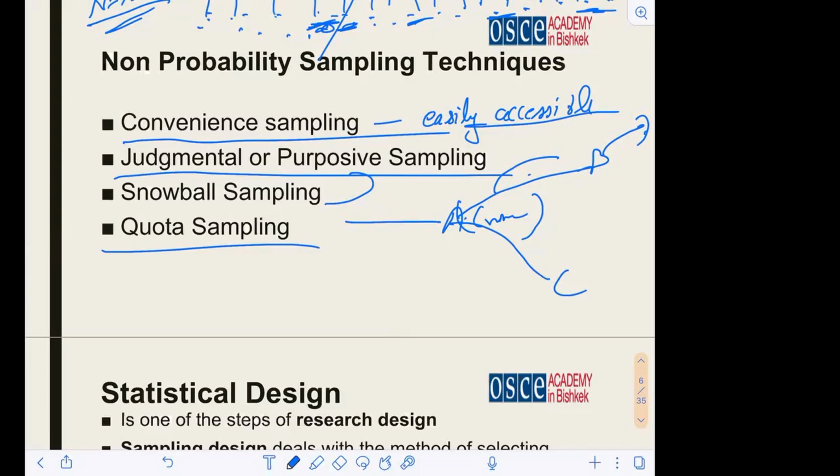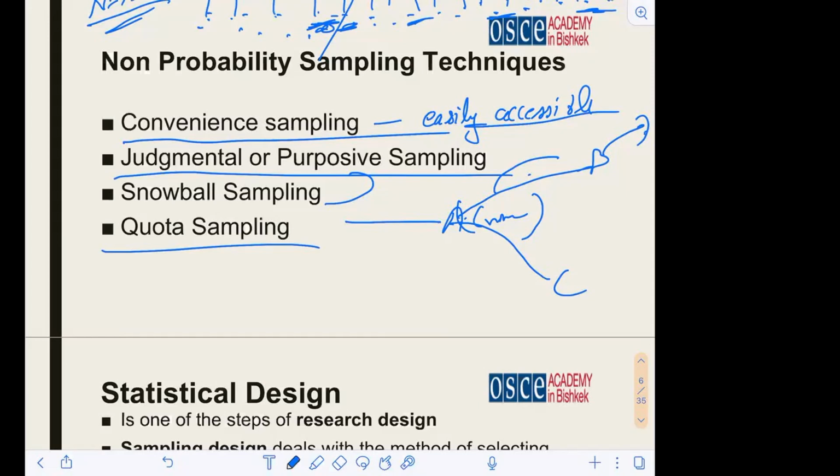But in quota sampling, you can create the conditions and some quota. For example, there's a job vacancy and there's a quota, let's say for females. So they have already created a condition, whereas males cannot apply, right? So that is quota sampling.